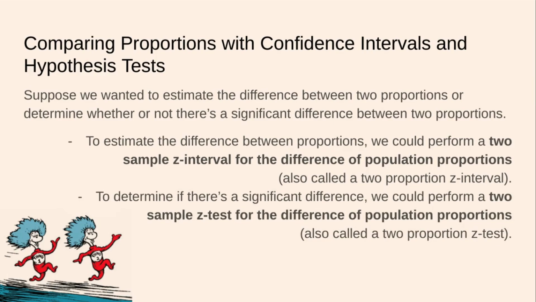Also, to determine if there's a significant difference, we could perform a two-sample z-test for the difference of population proportions. This is also called a two-proportion z-test, all right? So we can figure out about what the difference is, get a confidence interval for that, and determine if the difference is significant using the confidence interval and the hypothesis test, respectively.